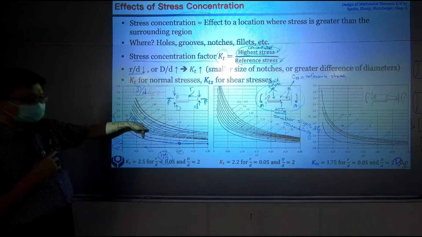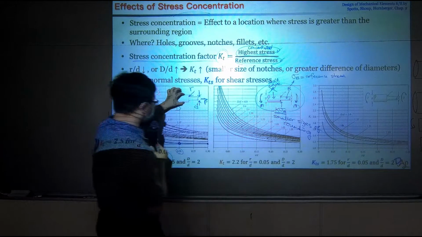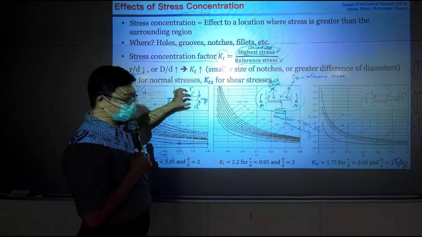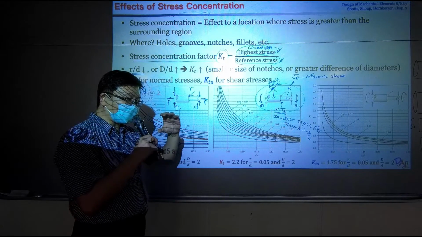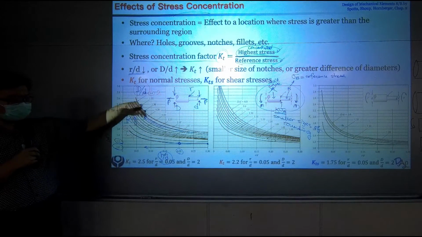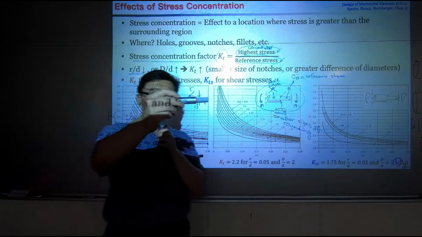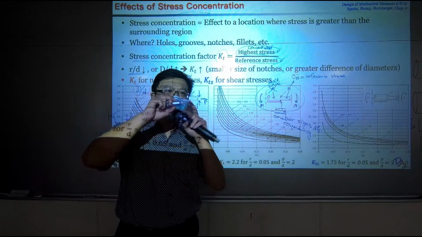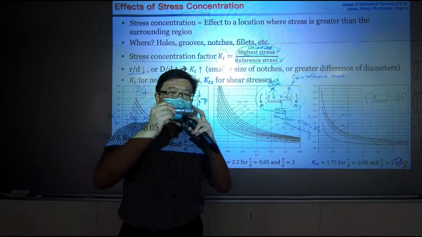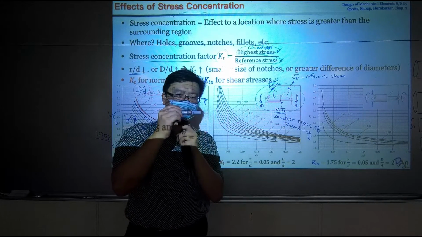If you have a lower ratio, which means the difference between the thicker one and the smaller one is not significant, only a slight diameter change, then your stress concentration won't be a big issue. However, if you have, like this pen, a thicker body and a thinner cap, there will be stress concentration in the corner.